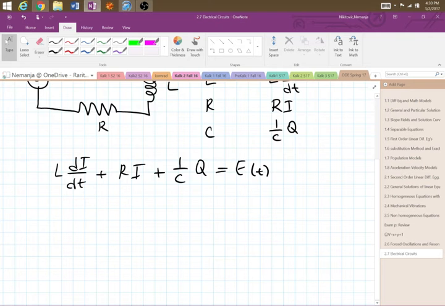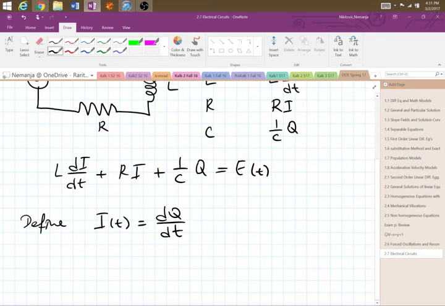Now I'm going to define the current I as the change of charge over time.